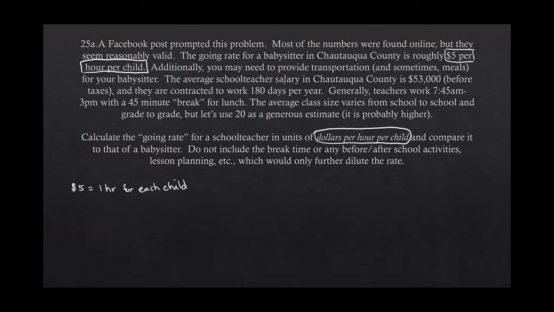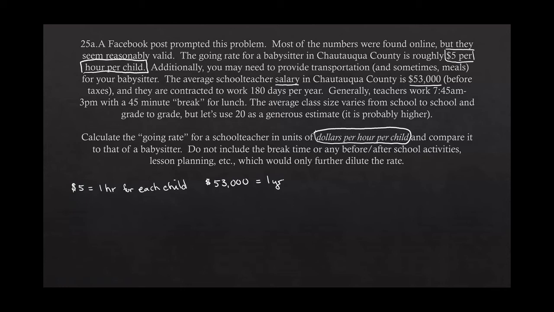What else do we have in here? Average school teacher salary, so that would be how long they work for a year essentially, is $53,000. So we're going to say that $53,000 for a school teacher is equal to 1 year of teaching. It's one work year. It's not necessarily a calendar year, but it's a work year.